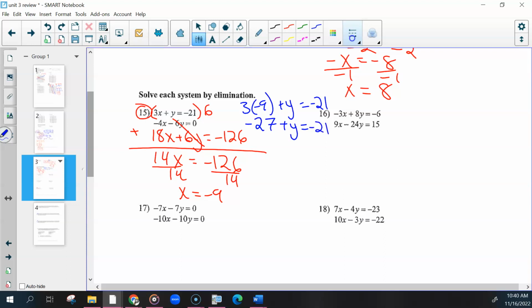So add 27 to both sides, so that y equals 6. And then your ordered pair would be -9, 6. Questions on that one?